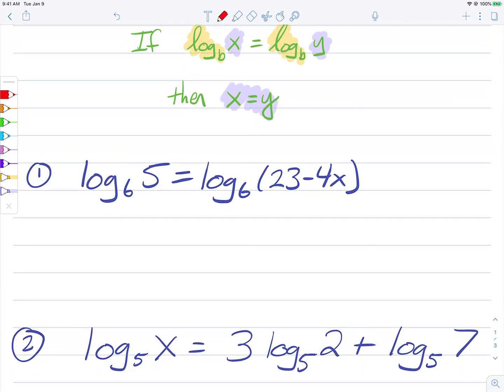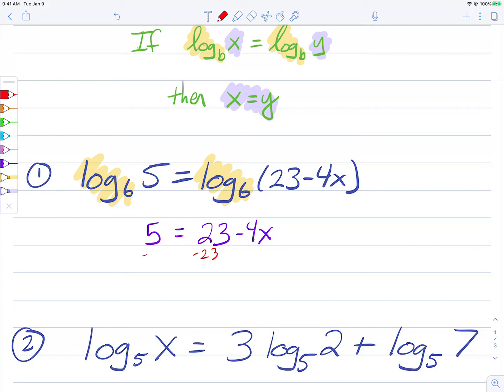So in this one, we have the log base 6 of 5 equals log base 6 of 23 minus 4x. So the log base 6's match. This only works if they match, which means what you're taking the log of, which is a 5 on one side and a 23 minus 4x on the other side, must also match. So you can say that they equal each other.